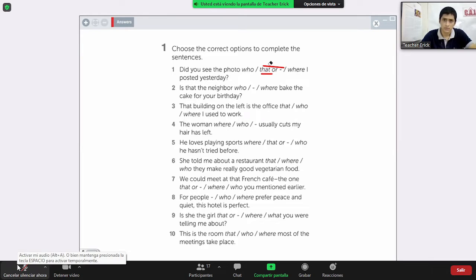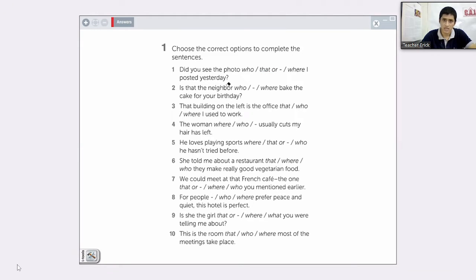What about number 2? It says, is that the neighbor who, where, or bake the cake for your birthday? Who.